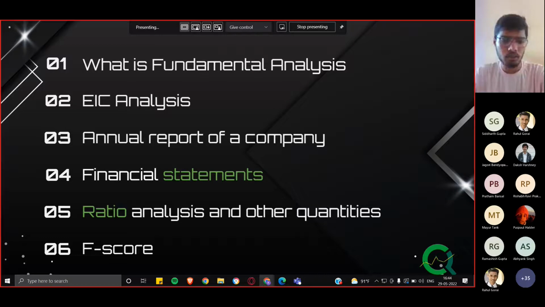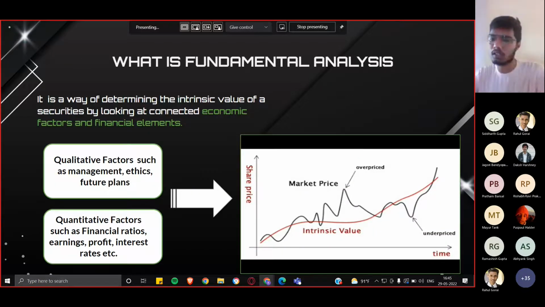Then we'll have some discussion around ratio analysis and other numerical figures, such as the P/E ratio and ROI. Then we'll talk about the F-score, that is the fundamental score, which tells us about the overall performance of the company. Okay, let's start with the introduction of fundamental analysis.